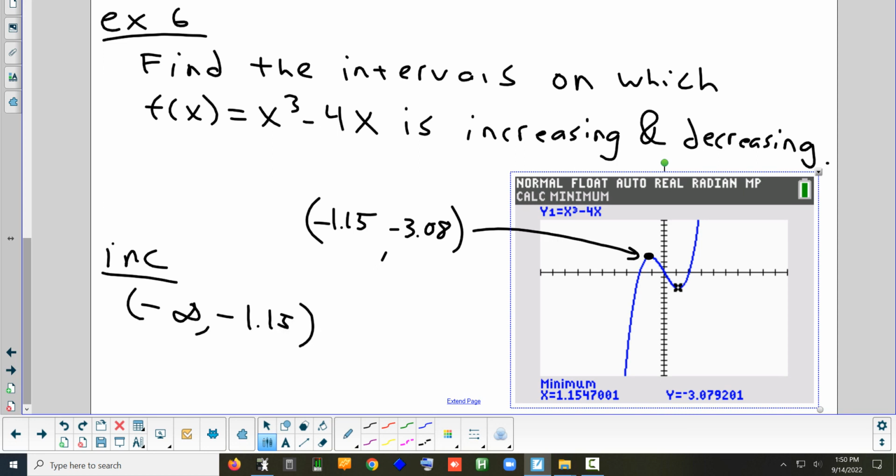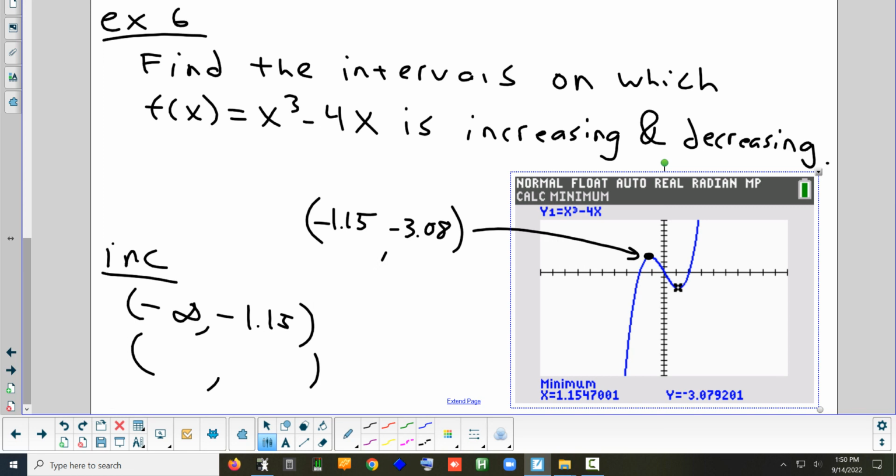Perfect. So this graph is increasing from negative infinity to negative 1.15. And there's another interval where it's increasing as well. Yeah. From negative 3.08 to positive infinity?